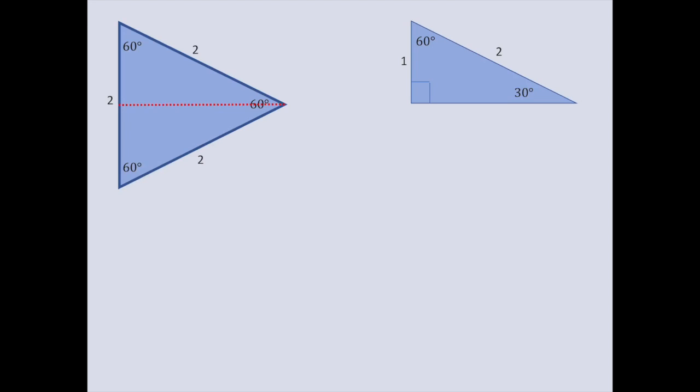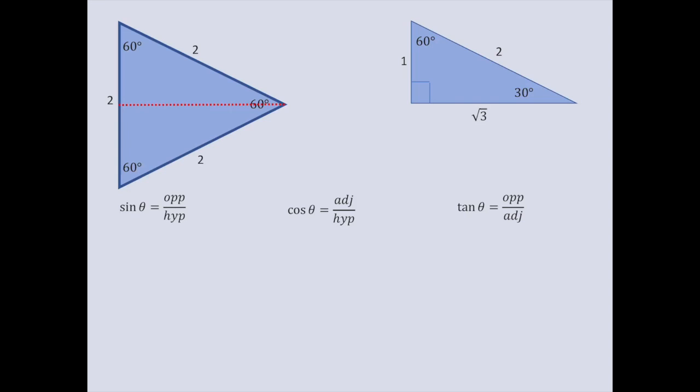And using Pythagoras, we can say that the length of that bottom side that we haven't got a length for at the minute is just going to be 2 squared minus 1 squared and then square root that, so it's root 3.